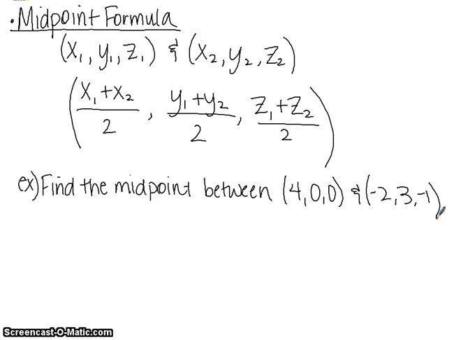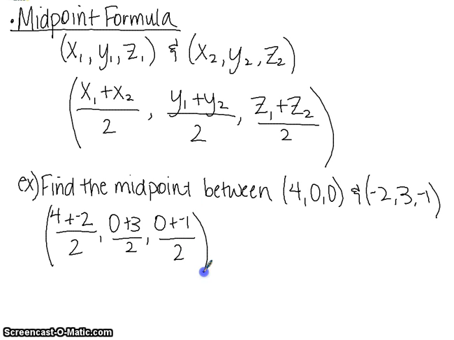Okay? So midpoint, we are going to add the x's. 4 plus -2, then divide that by 2. We're going to add the y's. 0 plus 3, divide that by 2. Add the z's. 0 plus -1, divide that by 2.